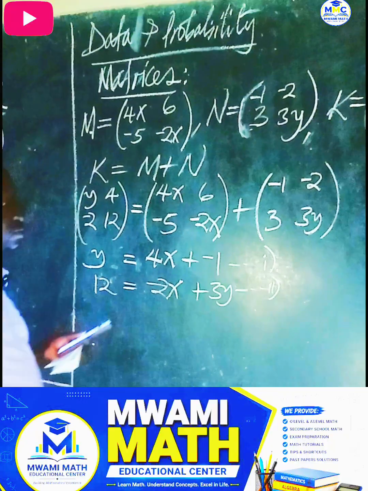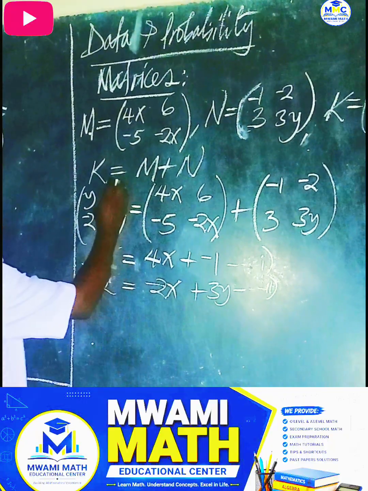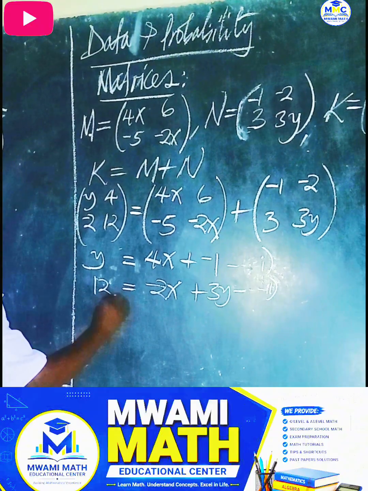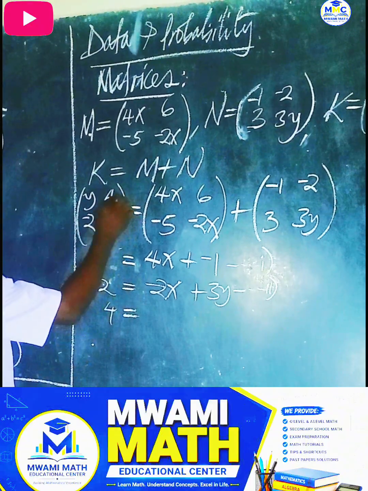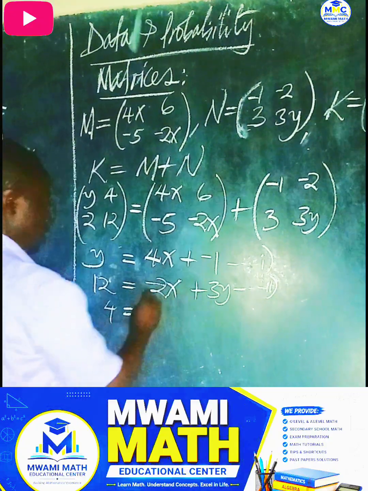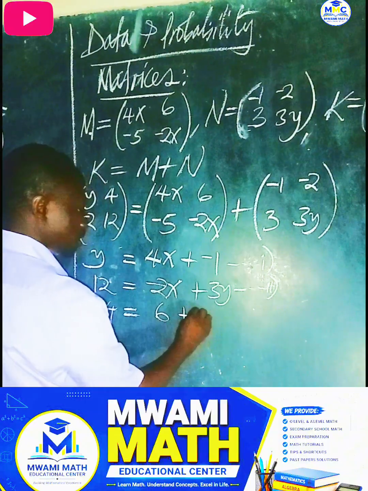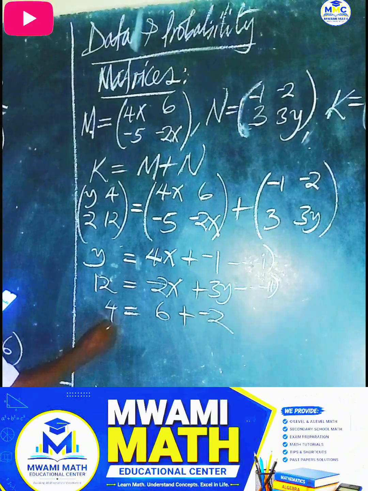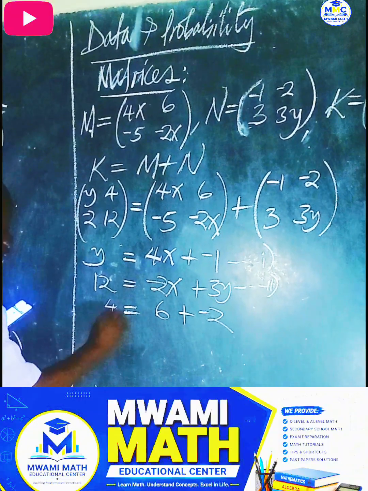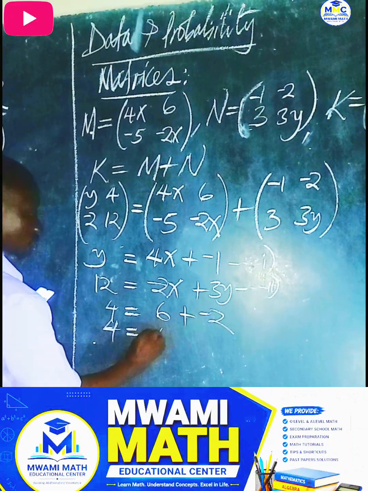Call this equation 2. Now, if you want to prove whether they balance, you can also try 4 is equal to the second element 6 plus the second element, which is -2. 4 is equal to 6 plus -2, that is 4.